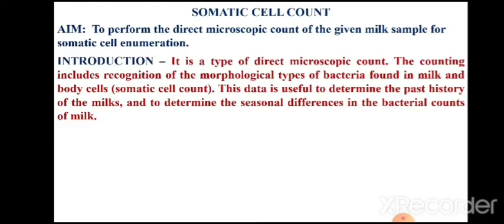So this method makes use of the direct microscopic count approach. Here the counting involves the counting of bacteria as well as the counting of body cells. Counting of bacteria we will learn in a separate practical.